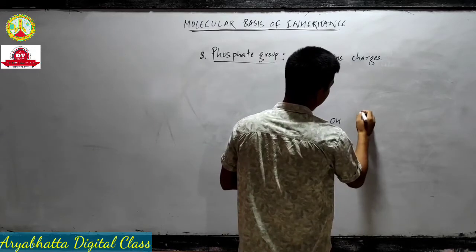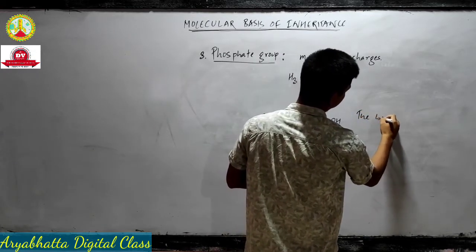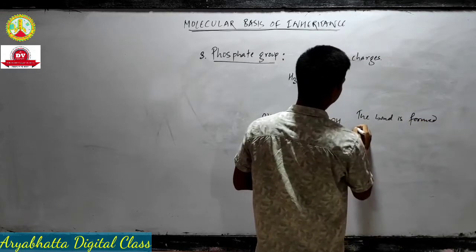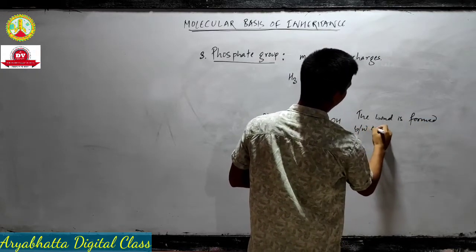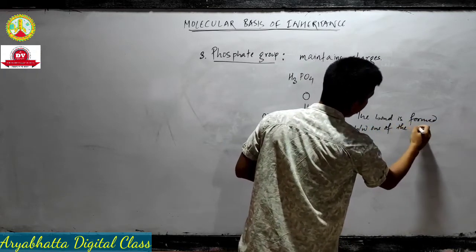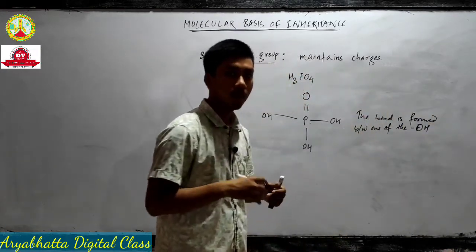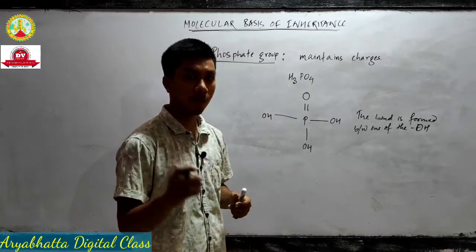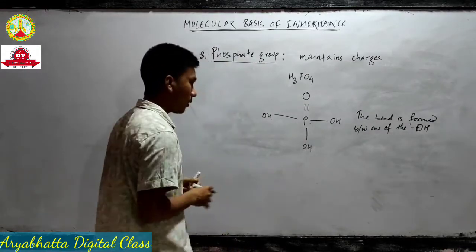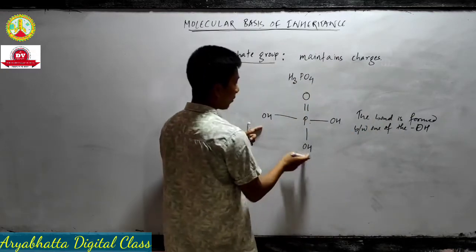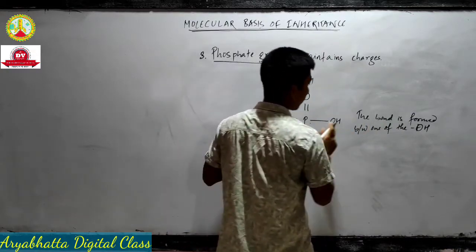So when we write this, the bond is formed between one of the हाइड्रोक्सिल, मैं शॉर्ट फॉर्म में लिख रहा हूँ। OH को हाइड्रोक्सिल ग्रुप भी बोलते हैं, फंक्शनल ग्रुप भी बोलते हैं, we have already discussed. So the bond is formed between one of the hydroxyl, either one of these 3.